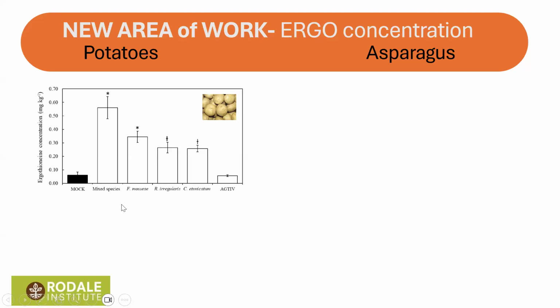So this graph shows on the y-axis the ergothioneine concentration in potato, and on the x-axis the mock, meaning that the medium that we grew the potato in is sterilized 100% and with no addition of any mycorrhiza in it.